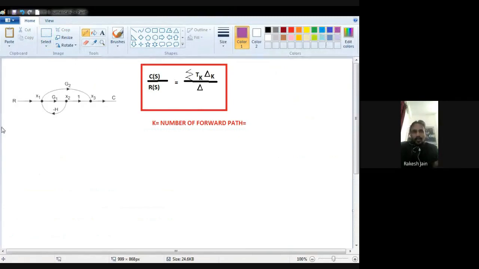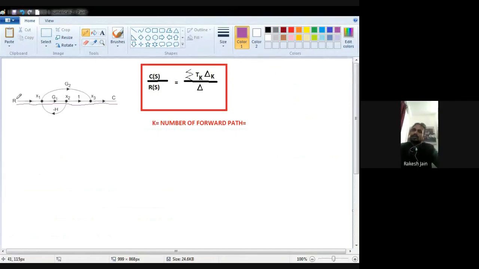So the first step is to find the number of forward paths K. So we check how many forward paths there are. See, with the purple color I just denoted the forward paths. Let me start from the R node, reach the x1 node, reach the x2 node, reach the x3 node, reach the output node.